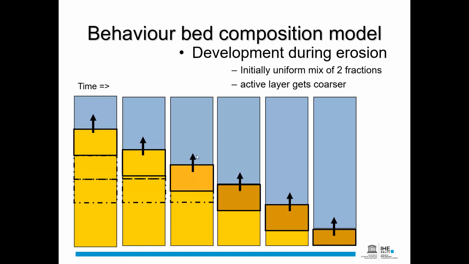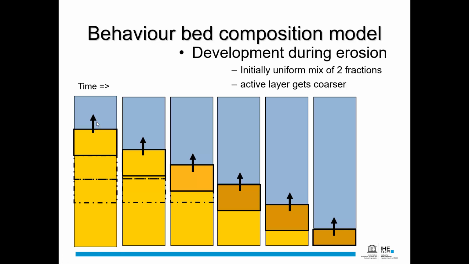So now if we want to look at a sort of cartoon of what happens, we can look at it here. This is now an erosion condition. Initially, we have an active layer, two underlayers, and a base layer. And this is the time. Imagine that we have two fractions of sediment, one fine and one coarse, mixed 50% with 50% there. When the erosion starts, usually the finer sediment goes out first.